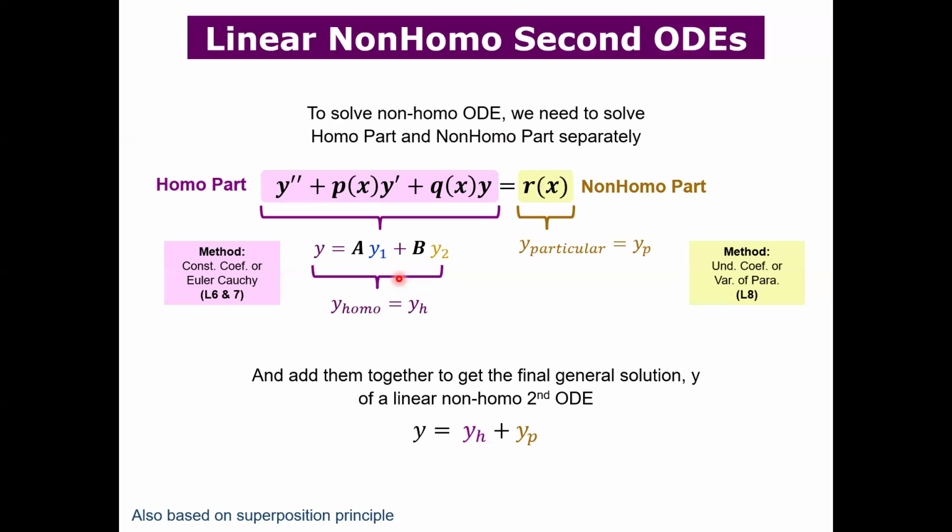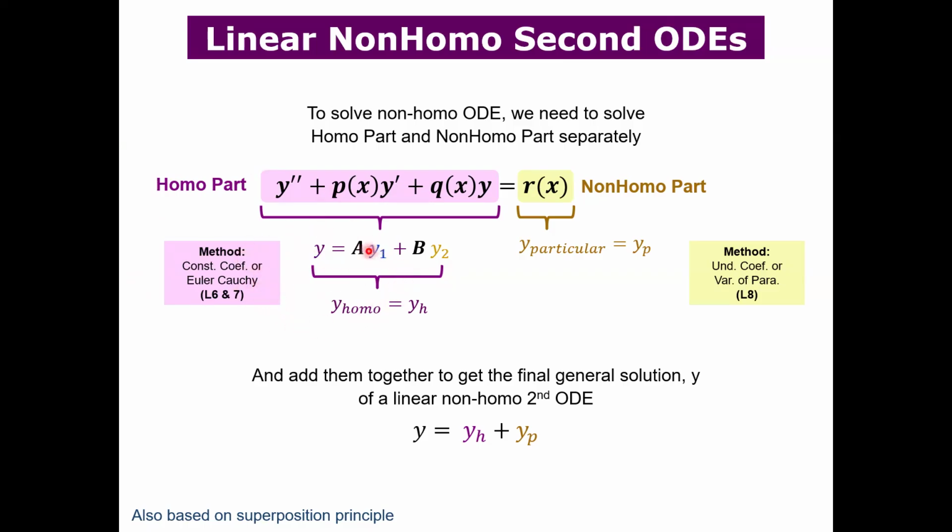To get this, we have to use either the constant coefficient method or the Euler-Cauchy method. This has been covered in the previous lecture. If you still don't know how to find the general solution for homogeneous ODE, please go back to the recorded lecture first before you continue watching this video.